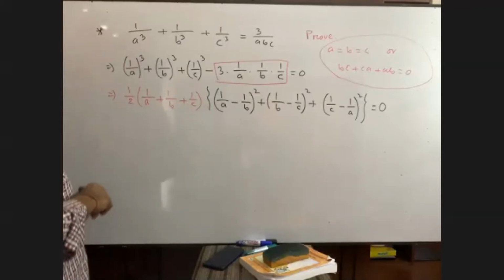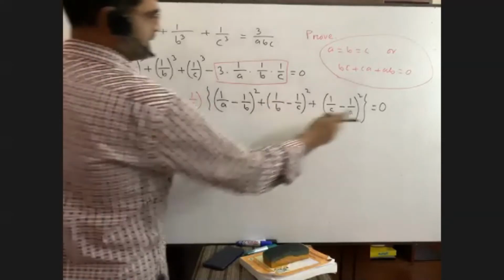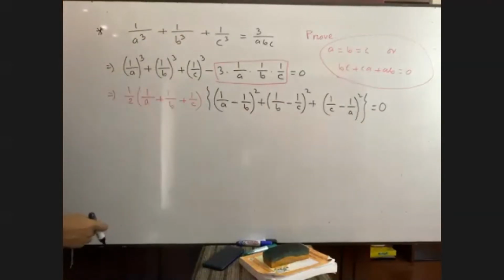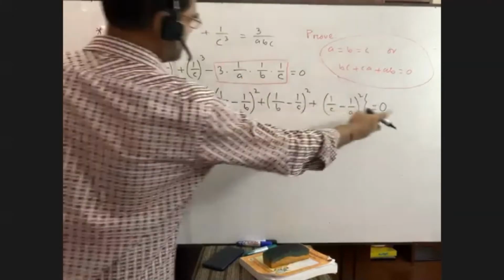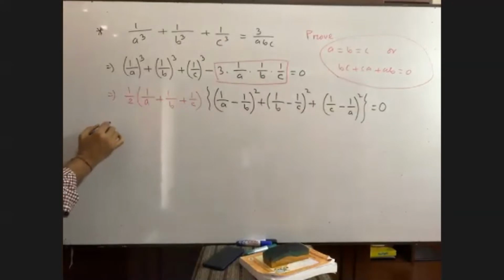Now, this half will be taken to the right hand side, and with 0, this half, if taken to the right hand side, will be 0 also. It's okay.